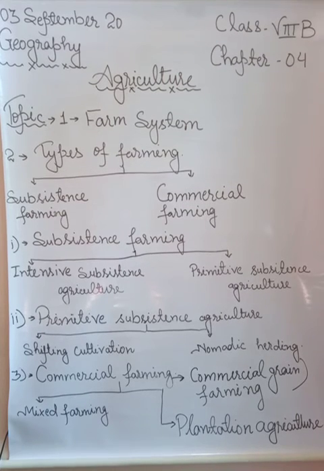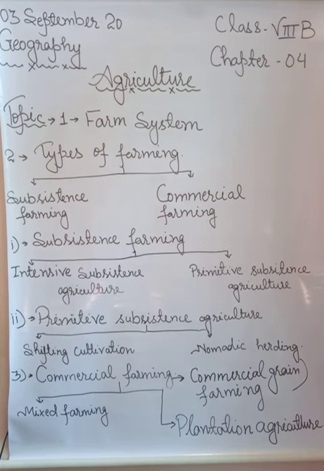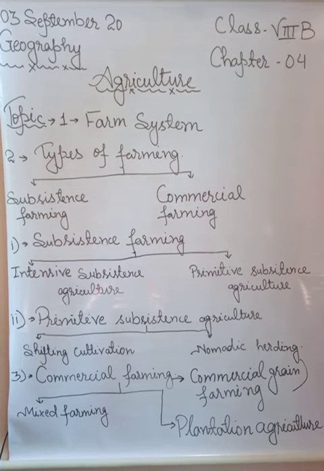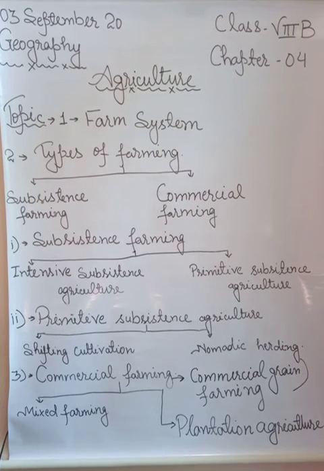Alright. After that, next is mixed farming. So students, in the mixed farming system, land is used for growing crops, food crops or fodder crops, and animals are also reared by the farmers. So this type of farming is known as mixed farming.